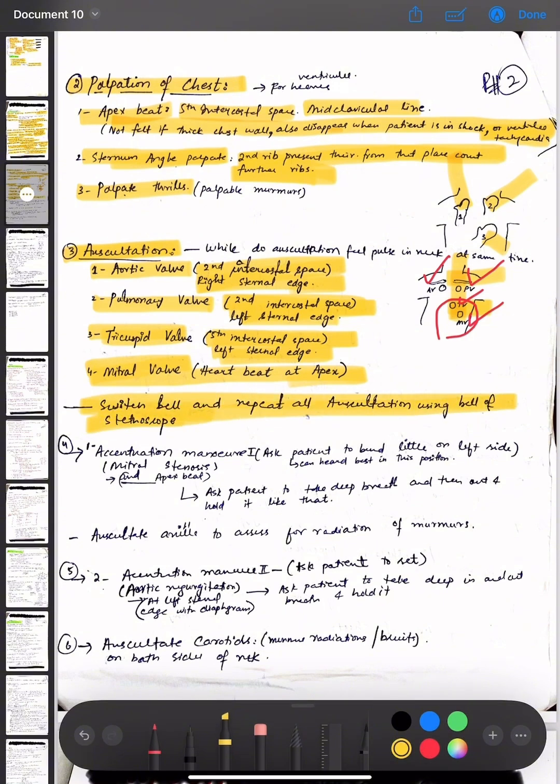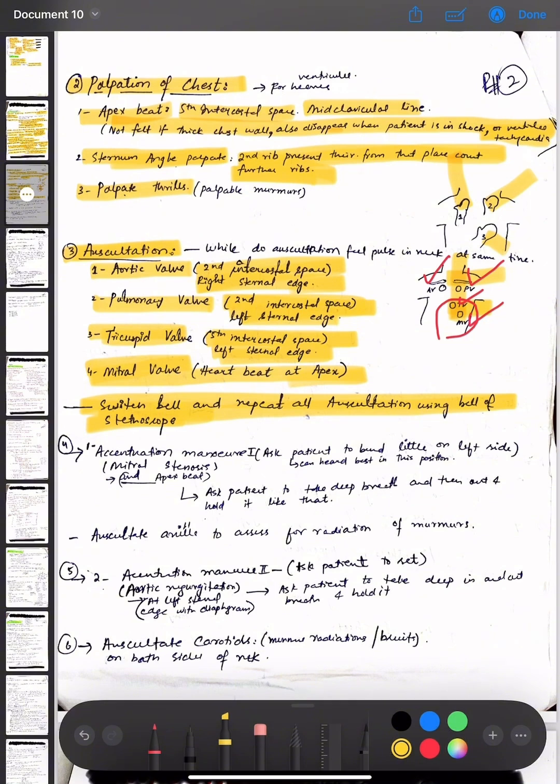Okay, so what we have discussed up till now is the examination of the chest. First of all, we will find the apex beat. For the apex beat, the fifth intercostal space at the mid-clavicular line is palpated, and if it is not felt, then the patient is in shock or in ventricular tachycardia. Then we will palpate the sternum angle, that is the second rib present there, and from that place count the further ribs.